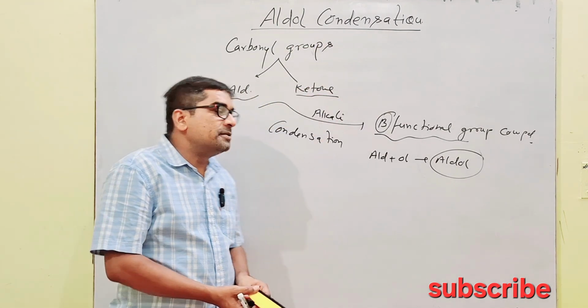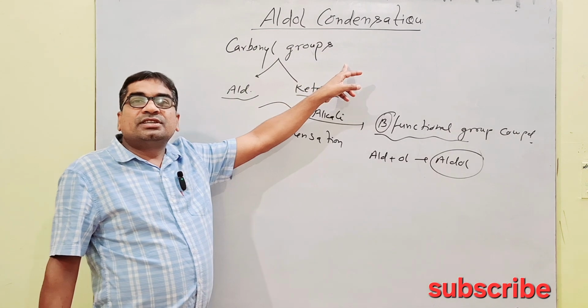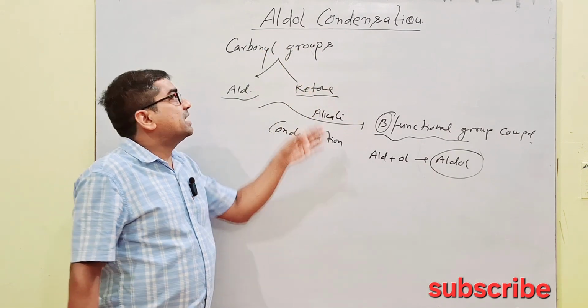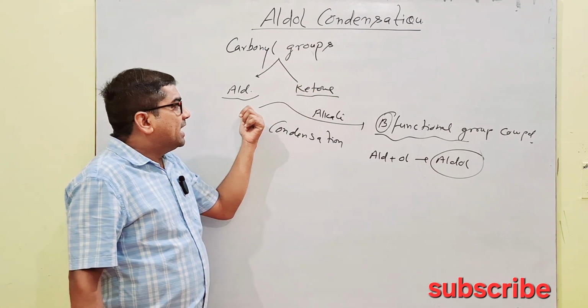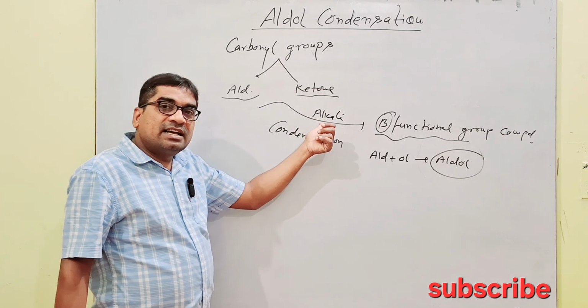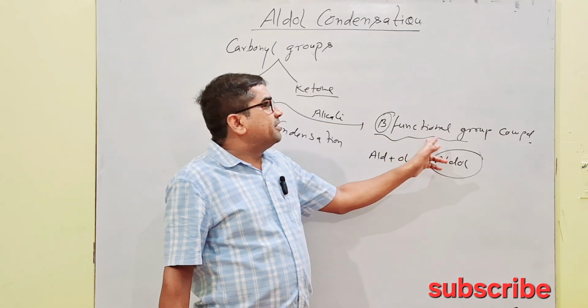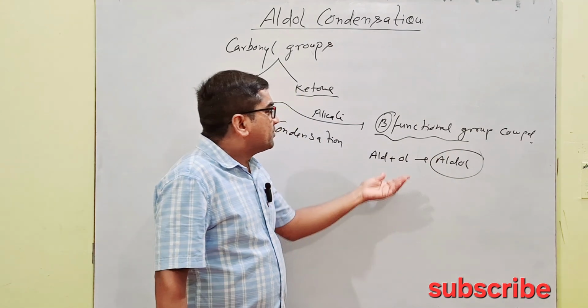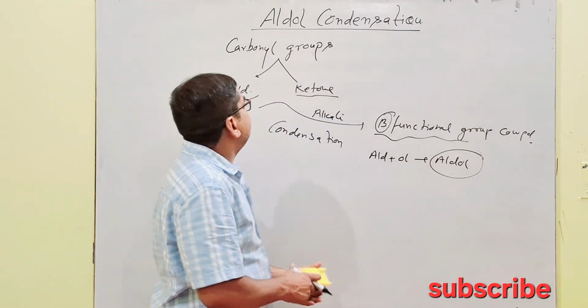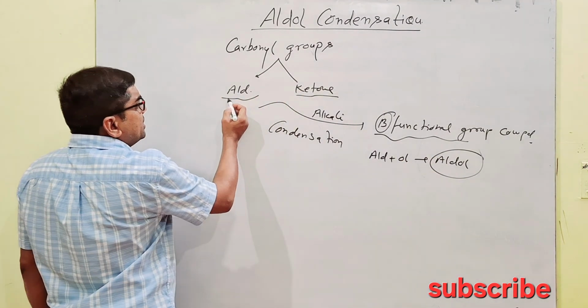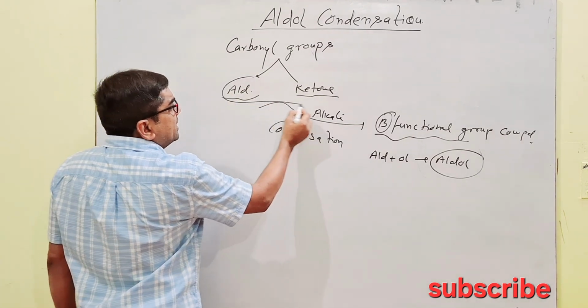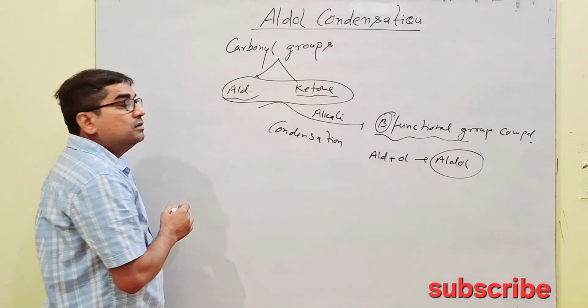So the definition is: aldol condensation is a characteristic reaction of carbonyls, aldehydes and ketones, which in presence of alkali undergo condensation and give a bifunctional group containing compound called aldol. But the condition is only certain aldehydes and ketones, not all.